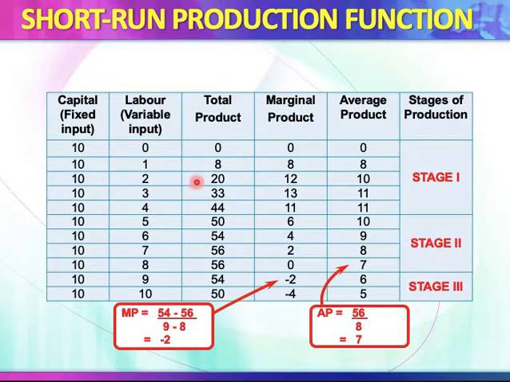Then I add more workers. Chong. Now I already have 3 workers, and when Chong comes in, my total product becomes 33. It's good, an increase in production from 8 to 20 to 33. From 33, I want to know the average for one labor, so 33 divided by 3.